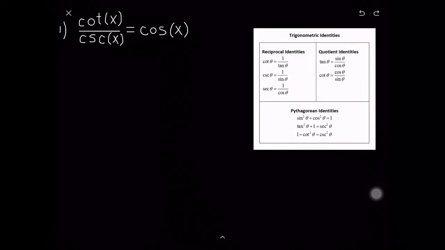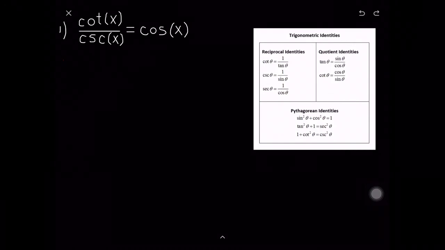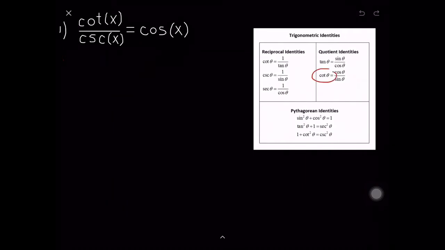Something that can be very useful in these exercises is converting everything to sine or cosine. Our first step will be searching what cotangent is equivalent to. As you see, here we have a picture of our quotient identities, in which it says that cotangent of the angle equals cosine of the angle over sine of the angle.